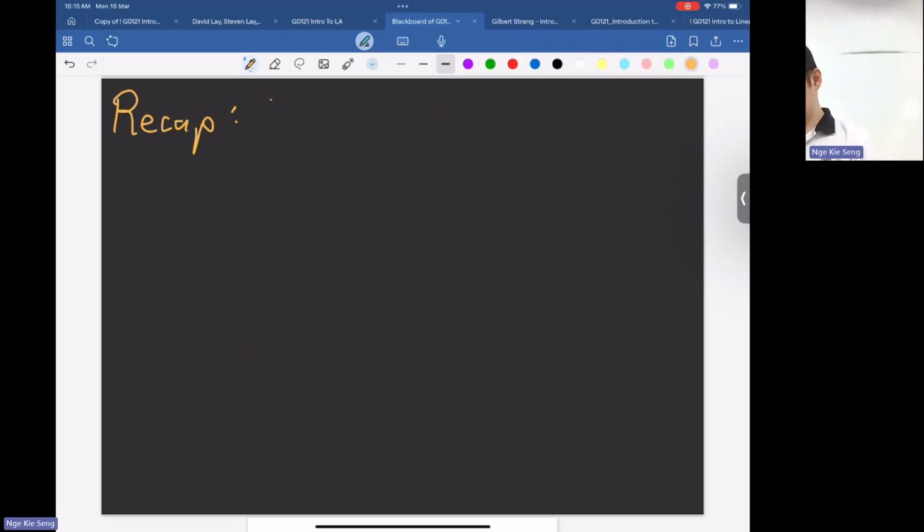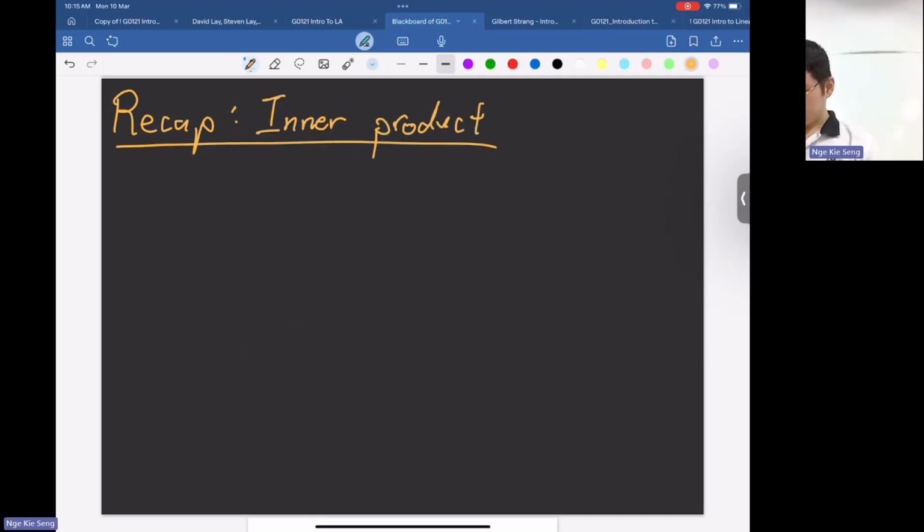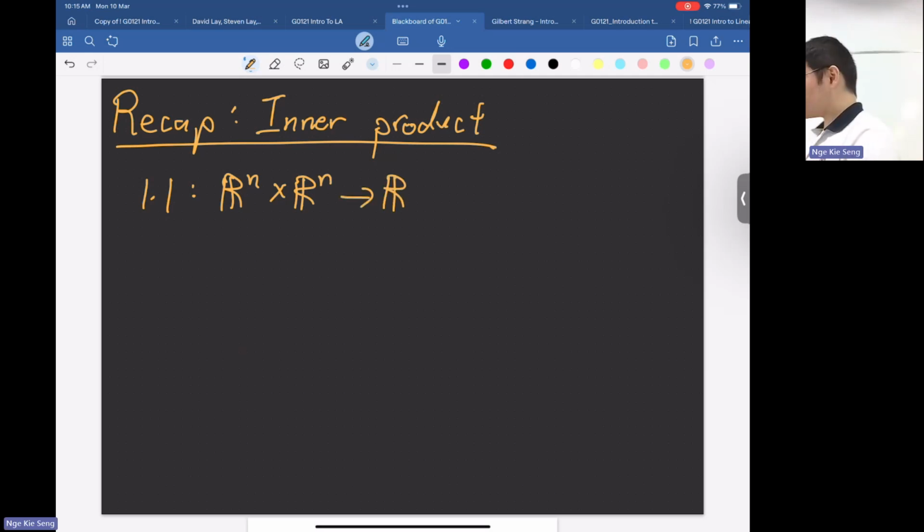So last week, we defined what's called the inner product. Basically, it's a map taking two vectors in Rn and giving you a real number.